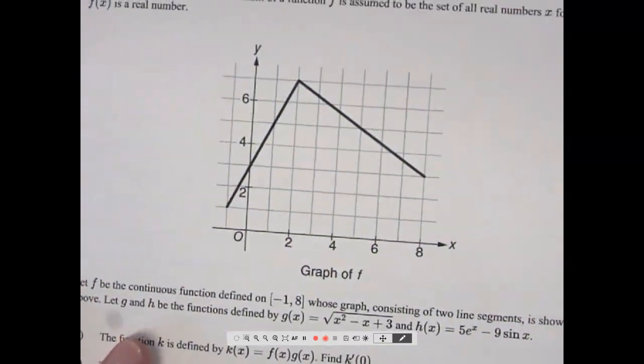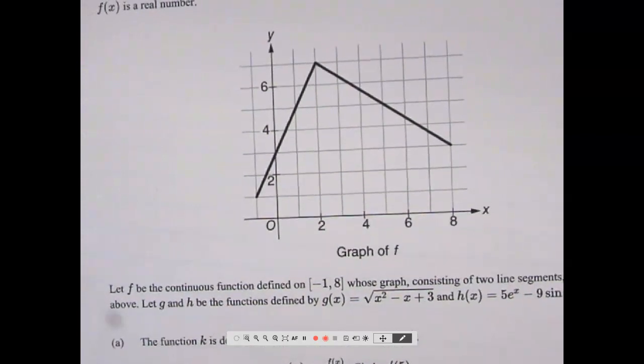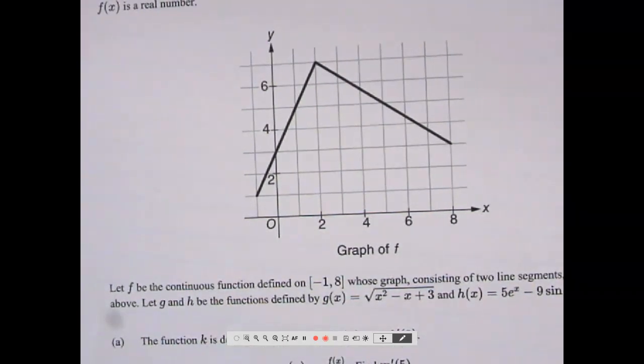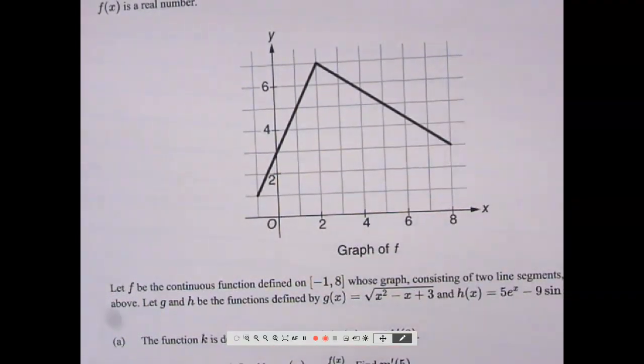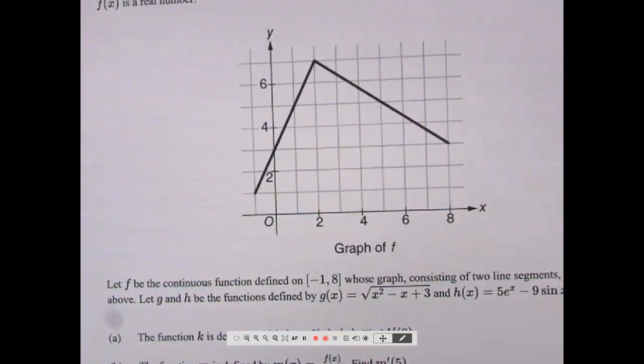Okay. Here is the graph of f. Let f be a continuous function defined from -1 to 8, whose graph consisting of 2 line segments is shown above. Let g and h be the functions defined by g of x and h of x.